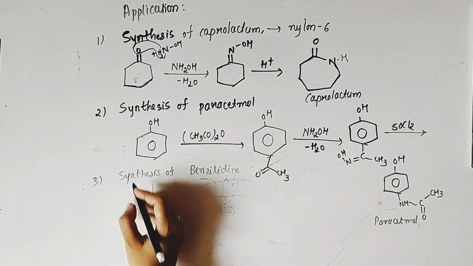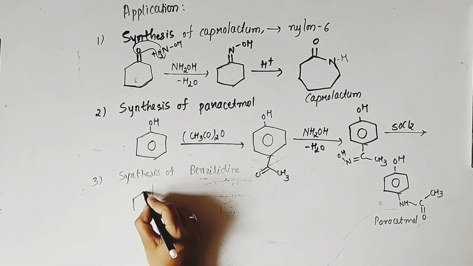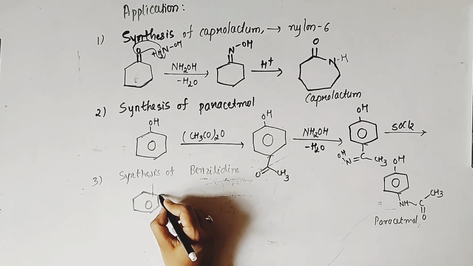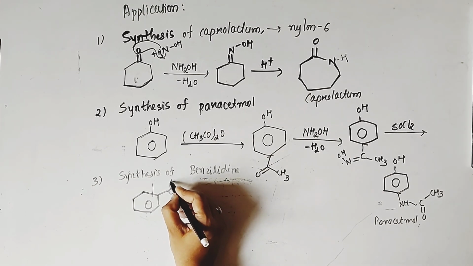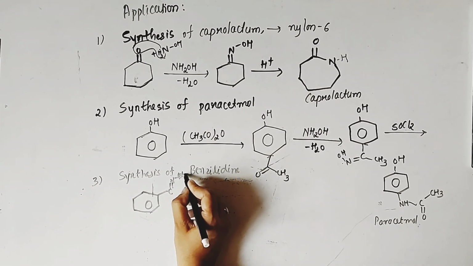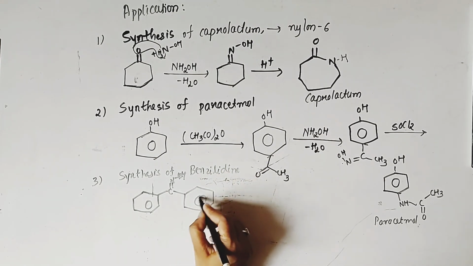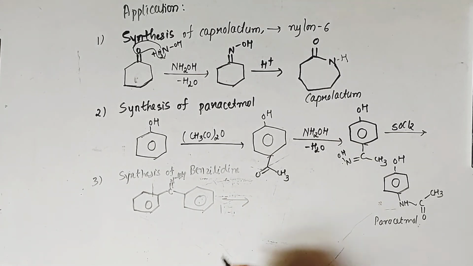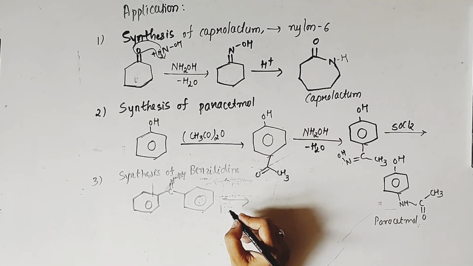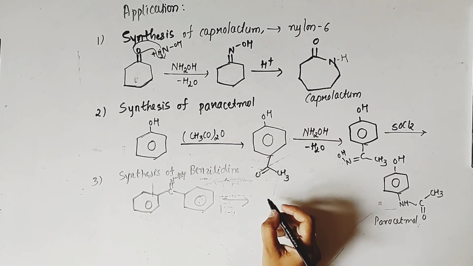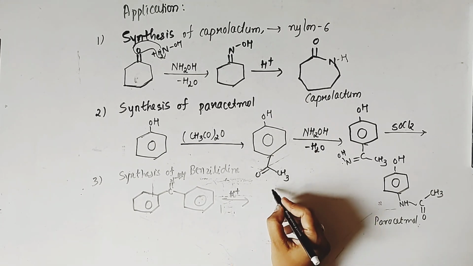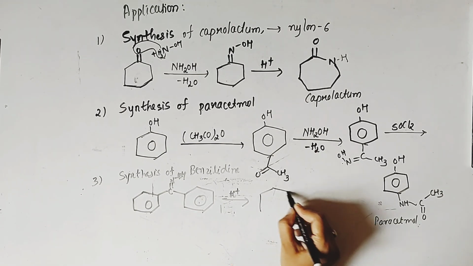Our benzophenone oxime is this, which undergoes Beckmann rearrangement in acid media, and it will convert into benzanilide.